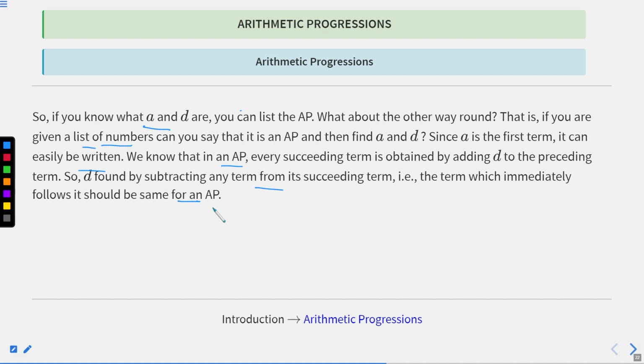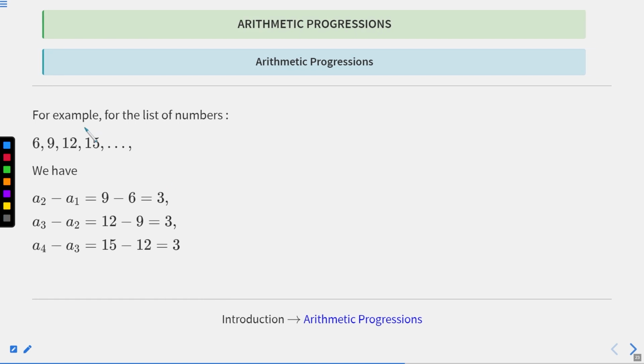For example, we are given the list of numbers 6, 9, 12, 15, and so on. We have to find the first term and the common difference D. First check, is this list of numbers an AP or not?